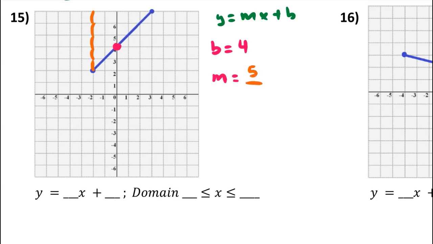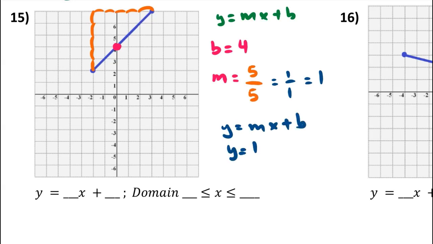Go up 5 over 1, 2, 3, 4, 5. 5 over 5, which you can divide out. That gives you 1 over 1 or just 1. So y equal to mx plus b. Y equal to 1x plus 4. Again 1 for m and b is 4. That will be y equal to 1x plus 4.